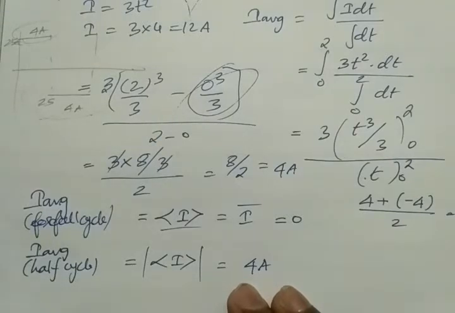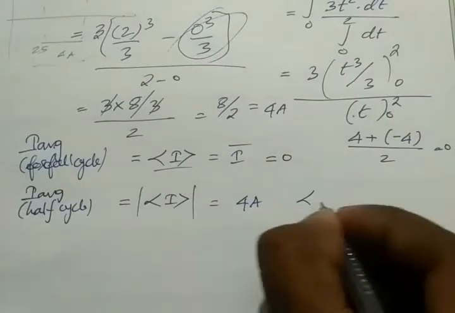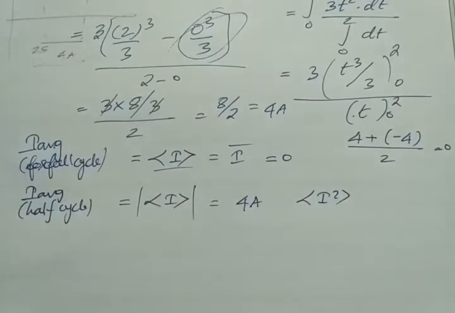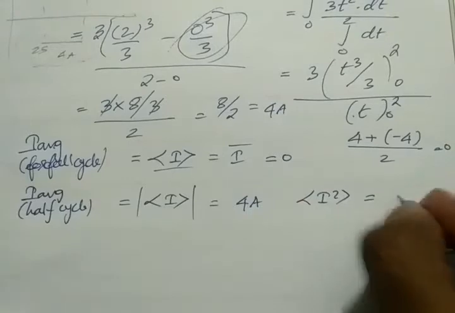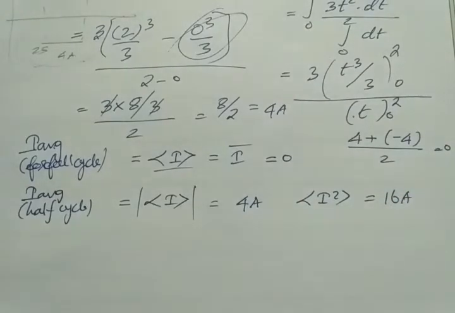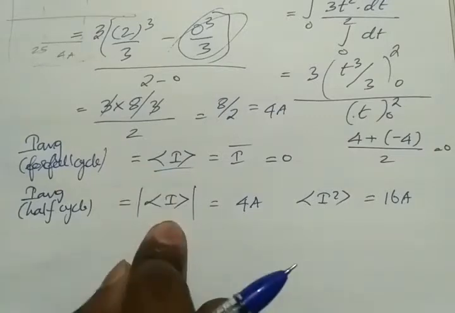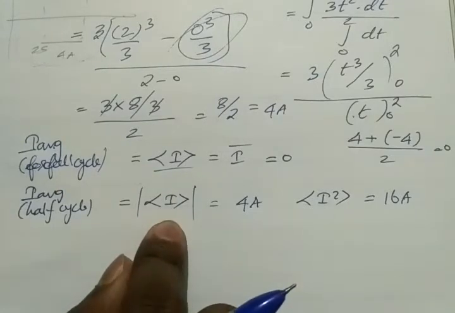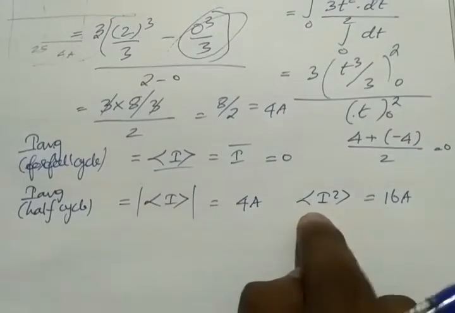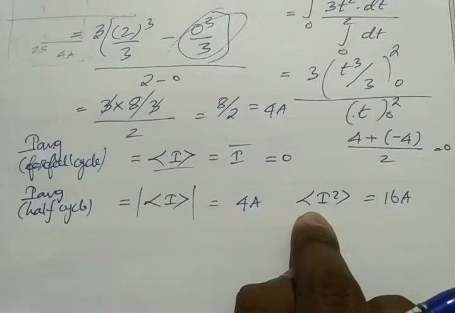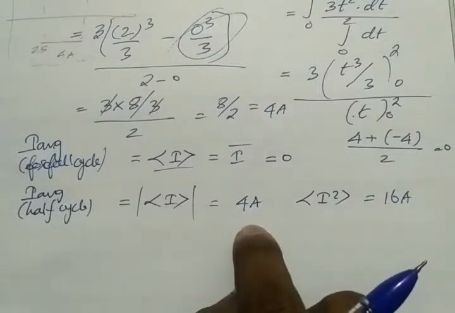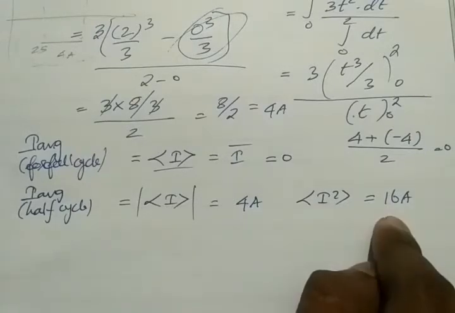If we want to find the square of the current, I average square, then we simply square this term, we have 16 ampere, correct? So this is I average for full cycle. Then I average for half cycle, we only consider any one current, either positive value or negative value. Then if I take I average square, we just square that value, and we have 16 ampere.